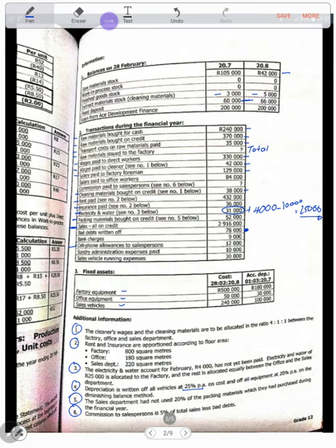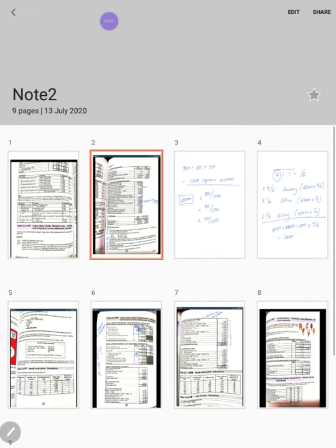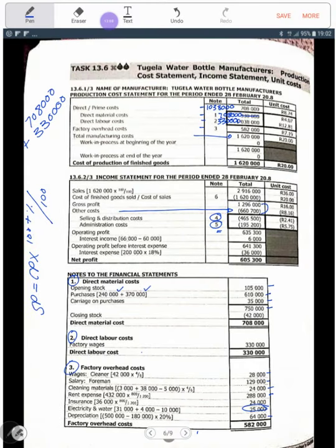Either the owner of the business can increase the investment by actually contributing more money to it, or it can gain interest that is capitalized on the fixed deposit. And if we find the difference, it should be 6,000. So let's go to our income statement. We have 66,000 minus 60,000, which gives us a total of 6,000.